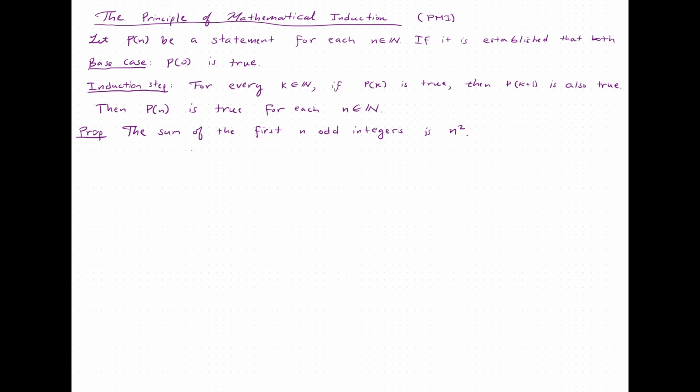So now let us go ahead and show that the sum of the first n odd integers is equal to n squared. Now what I'm going to do is a quick modification to the principle of mathematical induction. The way that it's phrased here, we have to start at 0. So we're doing it for every natural number. But actually if we start at 1, that's also perfectly fine.